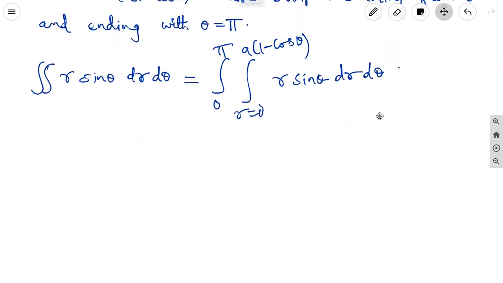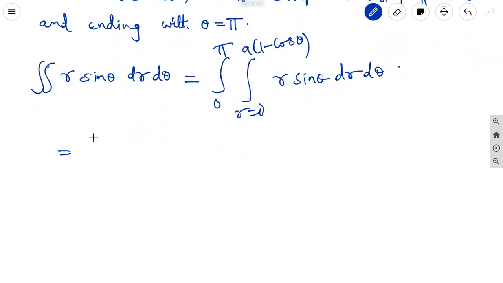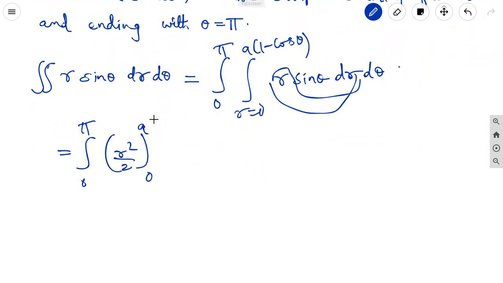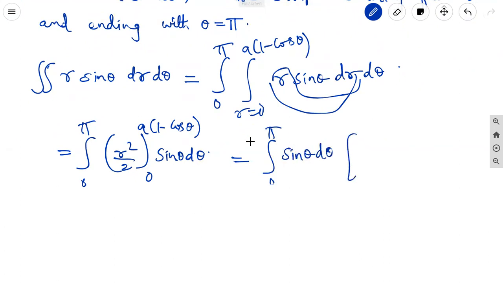Here, first we are integrating with respect to r. It is equal to the integral 0 to pi of r dr integration, that is r square by 2, limits from 0 to a into 1 minus cos theta, d theta. And the sin theta is also there. This is equal to the integral 0 to pi sin theta d theta, and apply the upper limit, that is a square into 1 minus cos theta whole square by 2, minus the lower limit, which is 0.